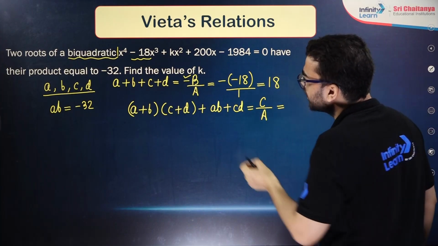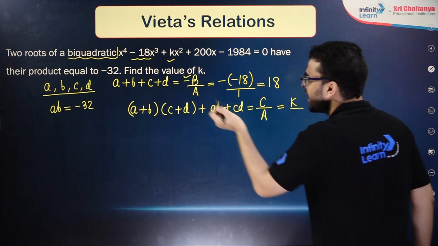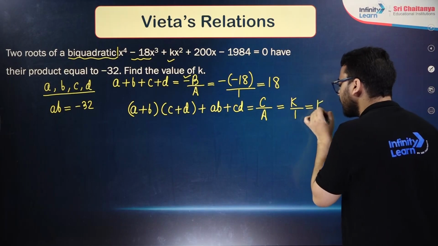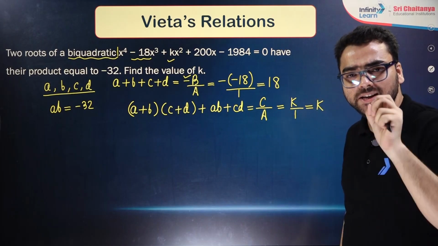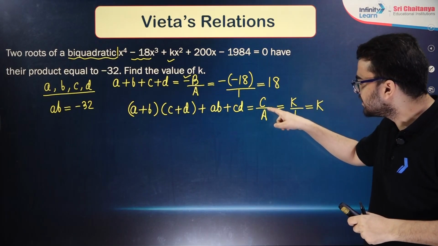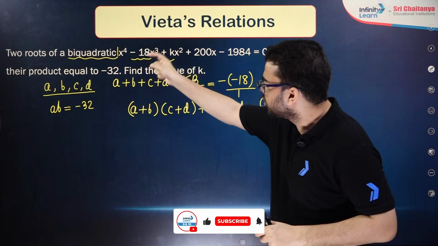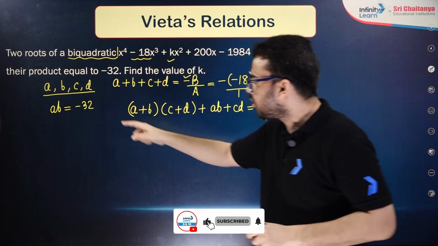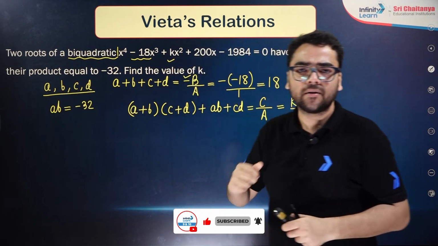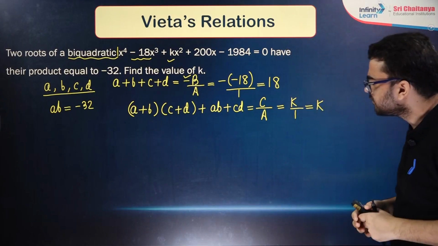Now what is C over here? This thing, k. And capital A is the coefficient of x raised to the power 4, that is 1 over here. Now I hope you understand, please don't get confused in that. I'm using uppercase A, B, C, D for the coefficients over here, and I'm using lowercase a, b, c, d for the roots of this polynomial. I hope it's clear, right?